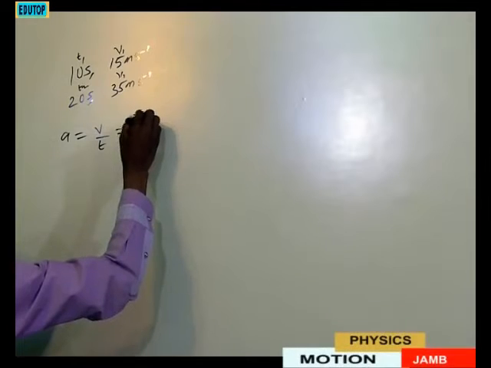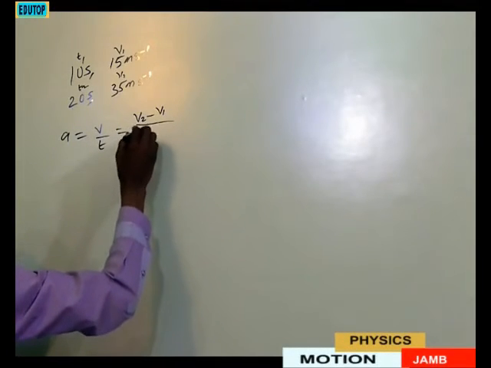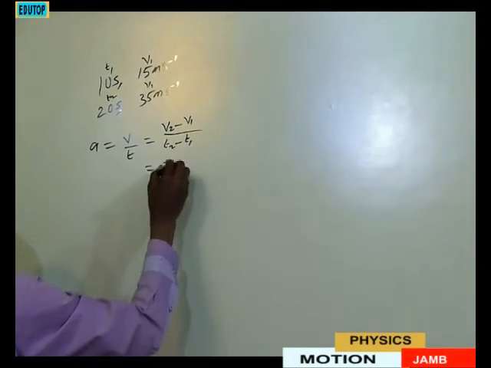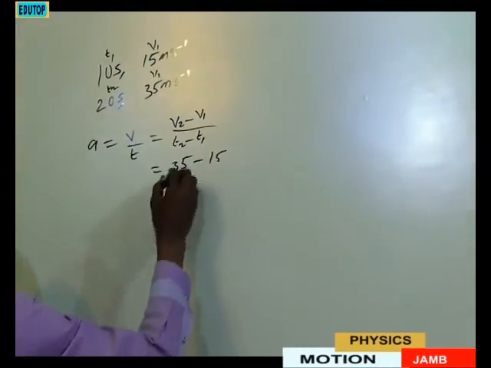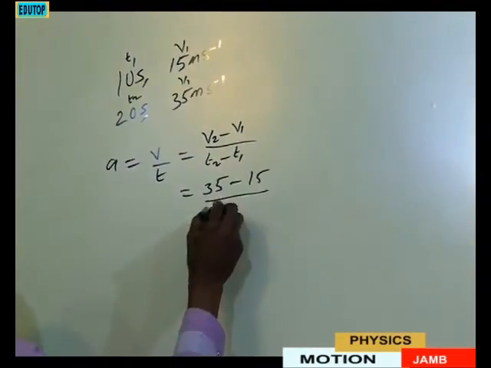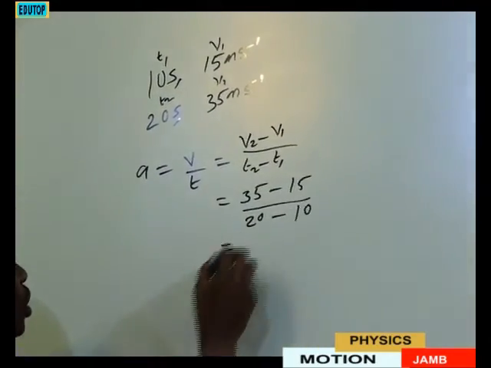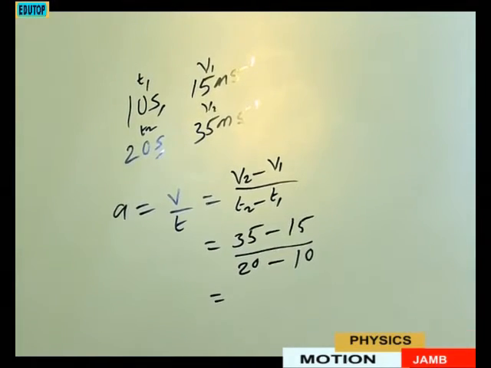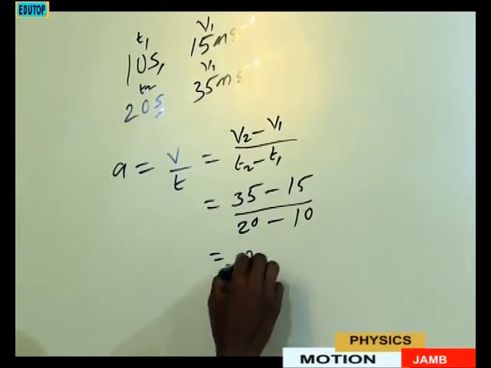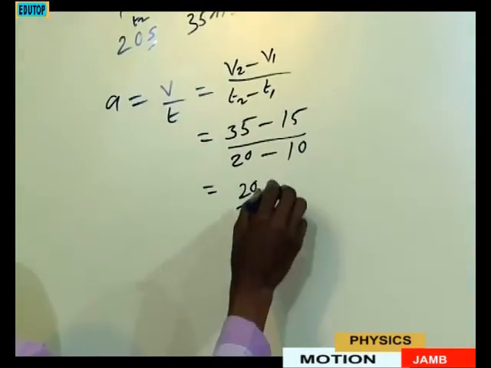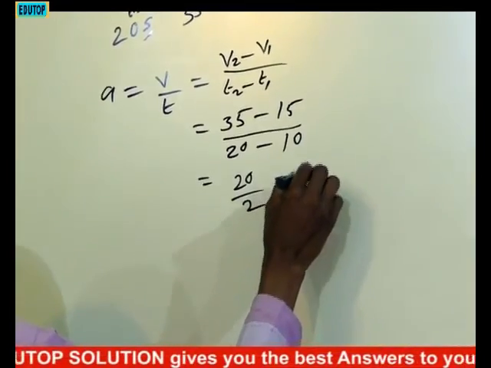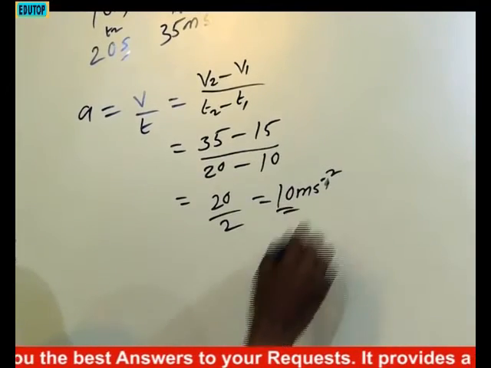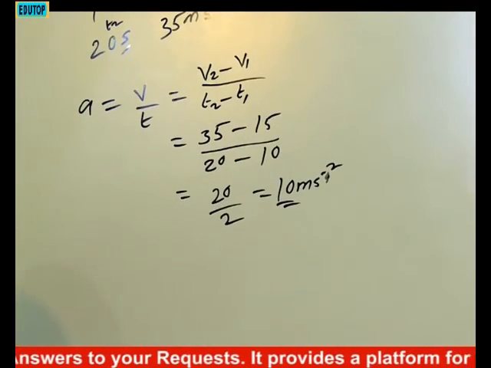This can be written as V2 minus V1, change in velocity, over T2 minus T1, which is equal to 35 minus 15 divided by 20 minus 10, which is 20 divided by 2, which is equal to 10 meter per second squared. That is the acceleration. That's question number 7.